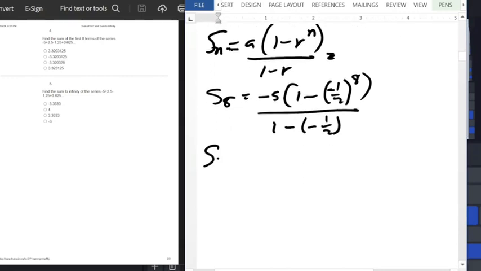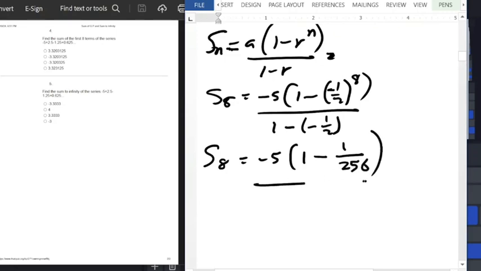So S8 equals minus 5 into 1 minus 1 over 2 raised to power 8, that is 256, all over 1 plus 1 over 2.